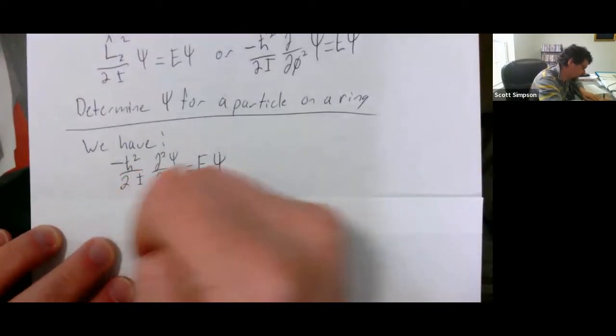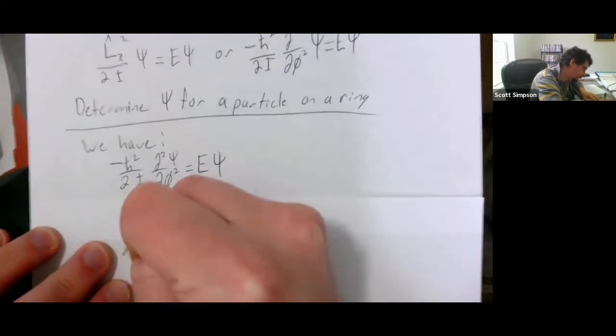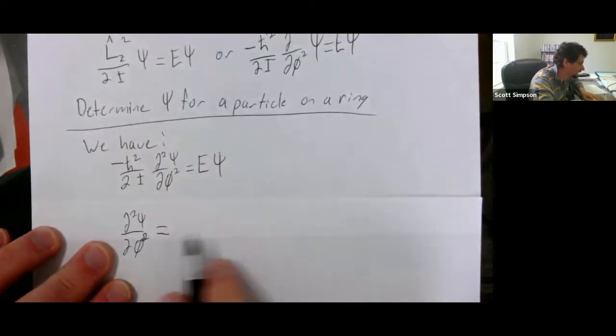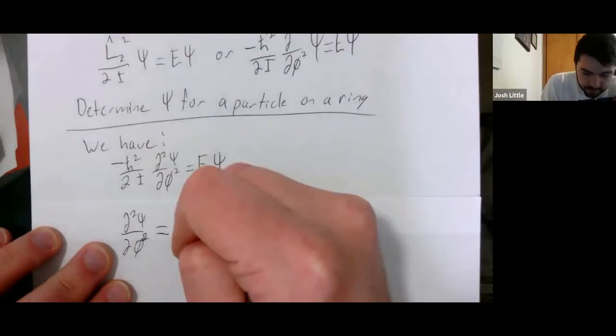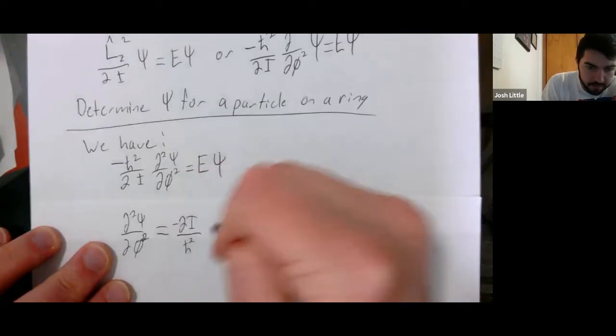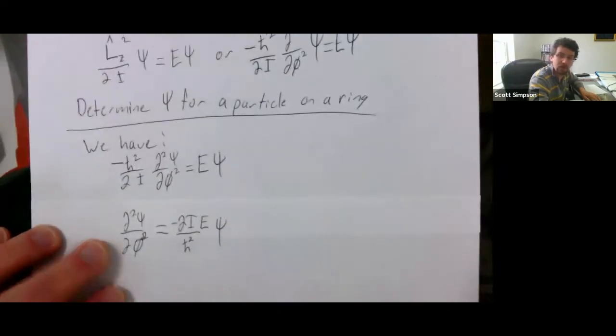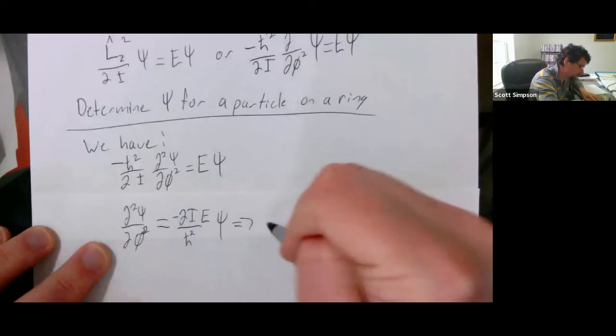So we can rewrite this. So the second derivative of psi is equal to, what's this side going to become? 2IE over negative h bar squared times psi. Yep, E psi. Okay. And what this tells us is we have to have a quantized energy.